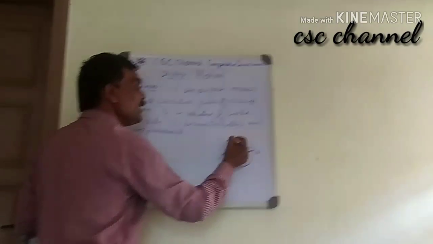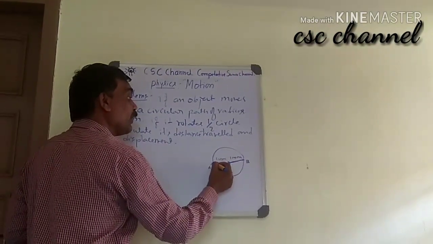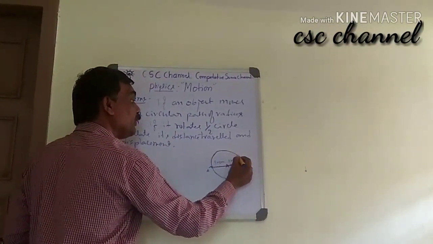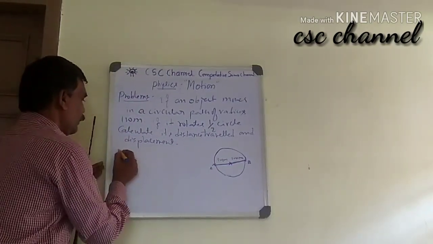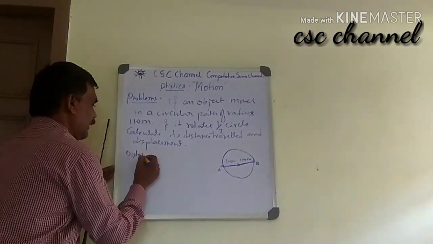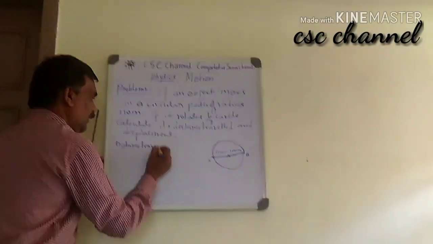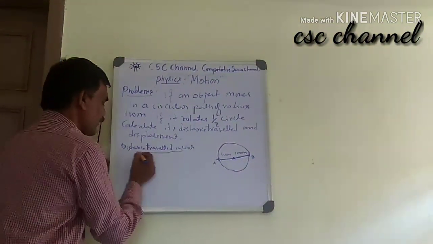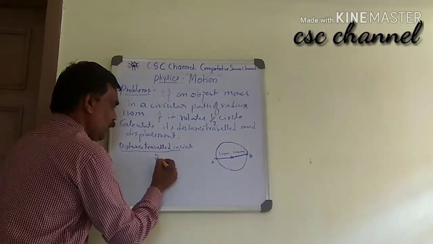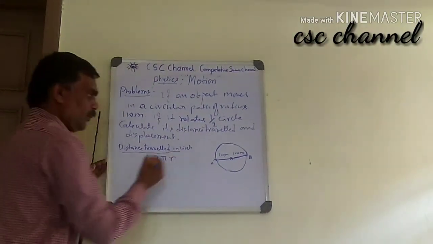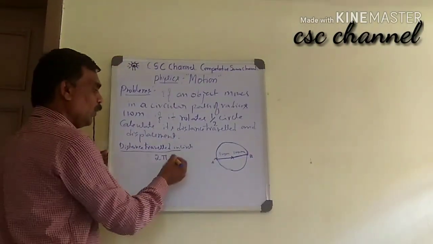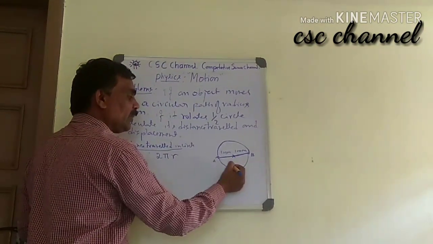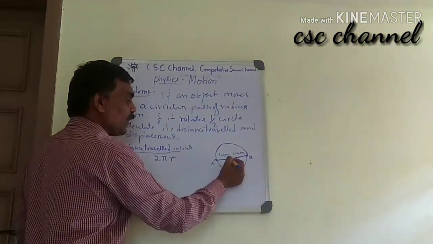Here the distance traveled is the circumference of a circle if it moves like this. So distance traveled in a circle, the circumference formula is 2 pi r. So it is a total circle, but it is a half circle.